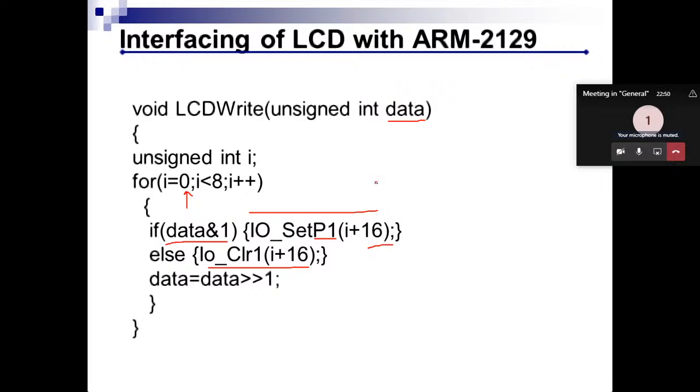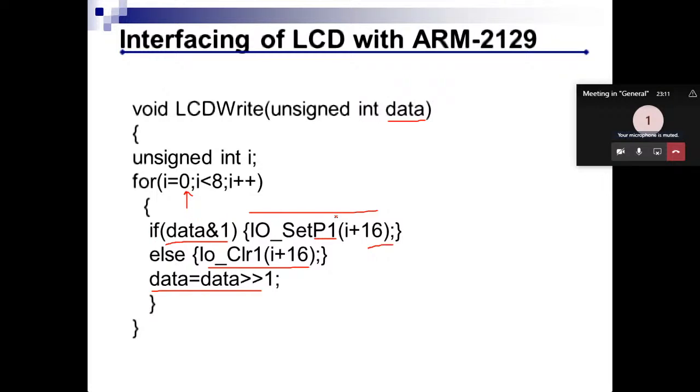Then after that I will check the next bit. To check the next bit, I will shift my data to the right by 1 bit position. When I do this, my next data, which is on D1, will be available to me. Again I will check whether it is 1 or not.